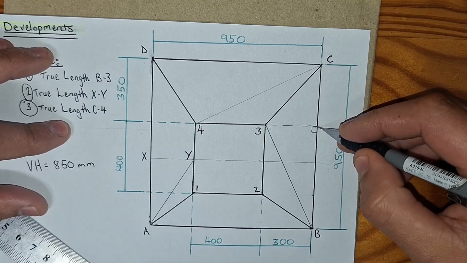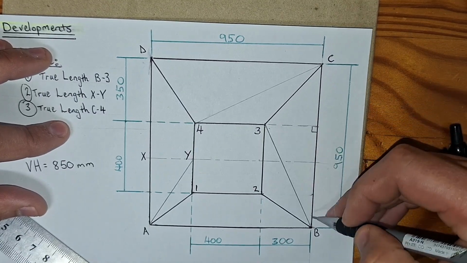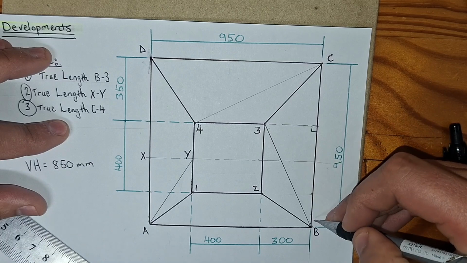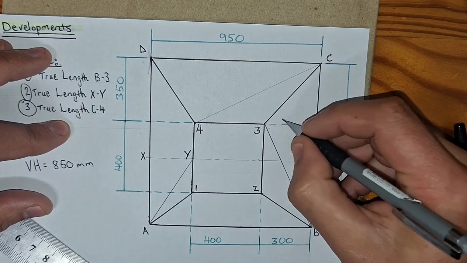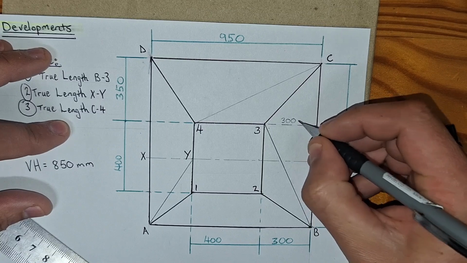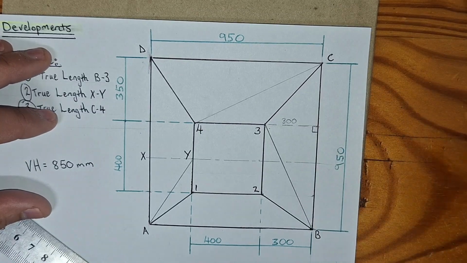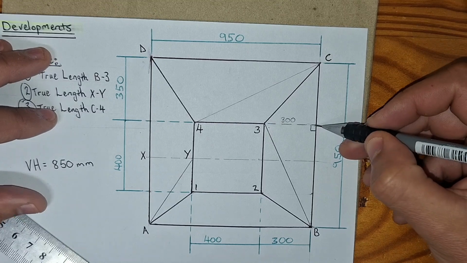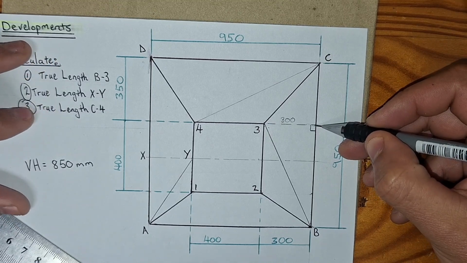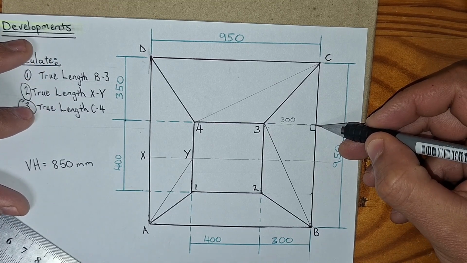First our focus will be to get this base length calculated. To get this base length, we're going to use this width, which is 300, and we will be using this distance from B up to the 90-degree angle, which we will first have to calculate.